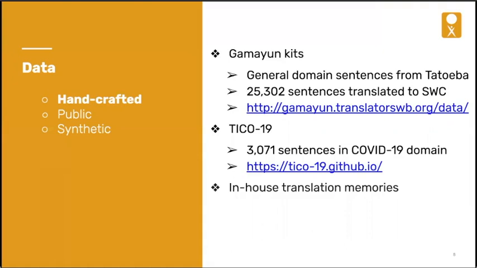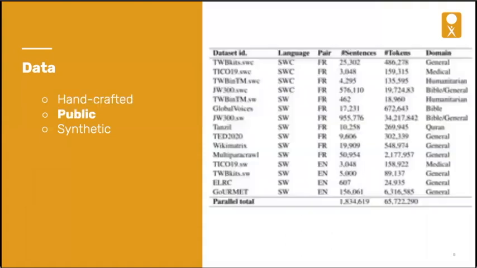Next is the TICO-19 dataset, which is a set of 3,000 sentences, however, in the COVID-19 domain. This is also publicly available on the project's page. And finally, some 500 sentences that were taken from our in-house translations, basically from translation requests done for NGOs that assist in the humanitarian relief in DRC.